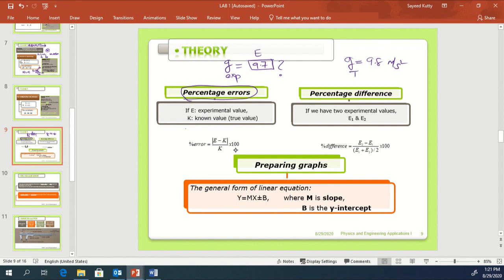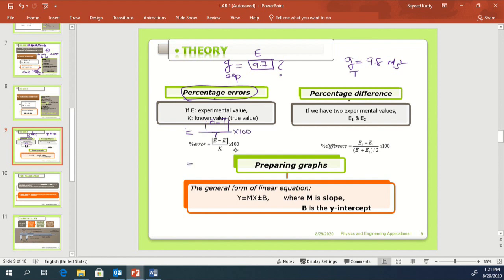So how can you write the percentage error? The equation is very simple. The absolute value of the difference: 9.7 minus 9.8 or 9.8 minus 9.7, whatever. So you write the experimental value minus true value, divided by true value, times 100.